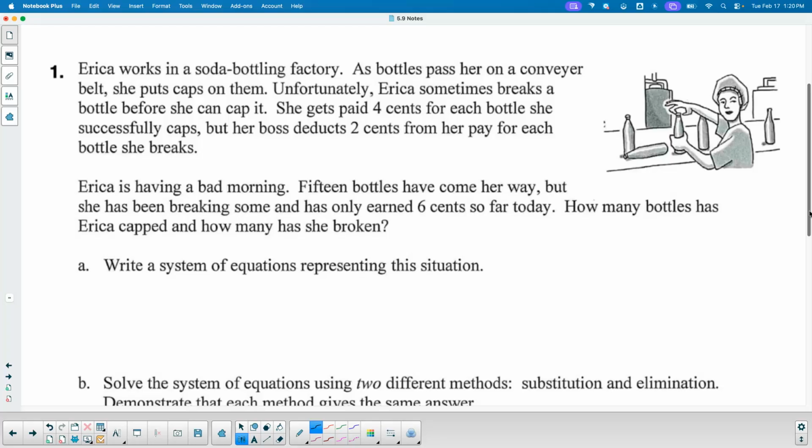So we need to write a system of equations representing this scenario. So, what do we want to use as our variables? X and Y. What's X going to be? Bottles capped.